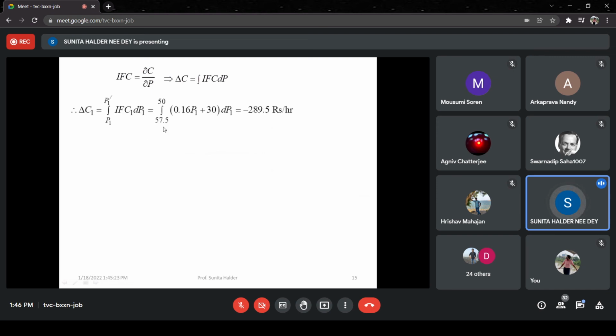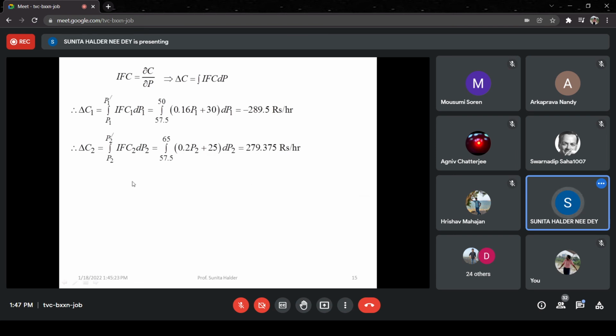So 57.5 is the equal distribution and 50 is the economic distribution. If we go from equal distribution to economic distribution, you see there is a negative sign. So there is a saving in fuel, right?